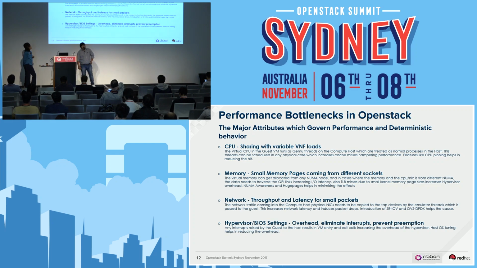So why CPU? Because now with virtualization coming in, CPUs are shared across multiple VNFs running on your compute. Memory, because again, there will be small memory pages, which are created by default by the kernel. So the more memory-intensive work is done, the more page in and page out will happen, increasing the load on the hypervisor and decreasing your performance.